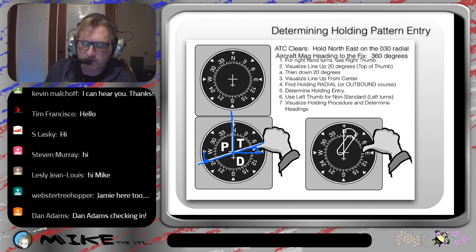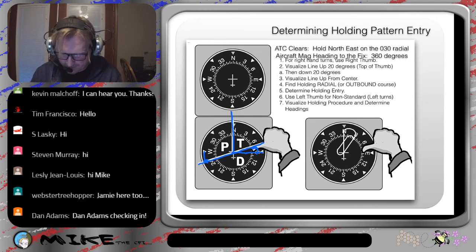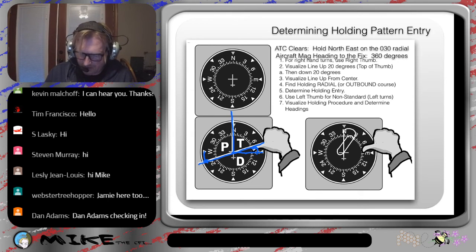And then all you have to do is know what your holding radial is. Again, the radial is the outbound course on your holding pattern. So, for example, if I was told to hold southwest on the 210 radial, then I see that on my heading indicator I'm flying north.